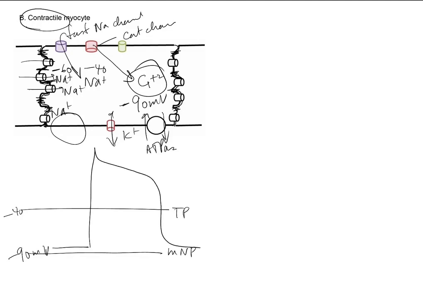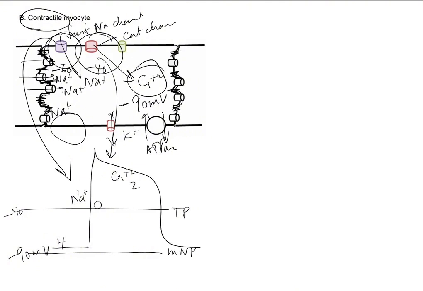This becomes our resting state of stage 4. This is stage 0, where my fast sodium channels open. This is now going to open my calcium channel, stage 2, and then we open the delayed potassium channel and restore electrical status. We've gone through how we create a signal, and we've gone through how we create the calcium signal, which is going to be our signal to the sarcomere.